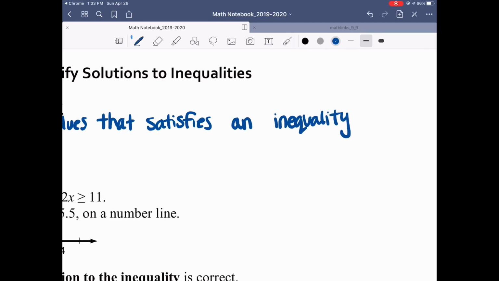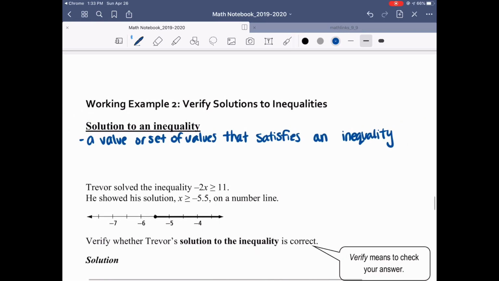Now, the difference between solving an inequality and solving an equation is that there's not just one possible answer. So x is not just one thing. It can contain one value or it can contain many values.